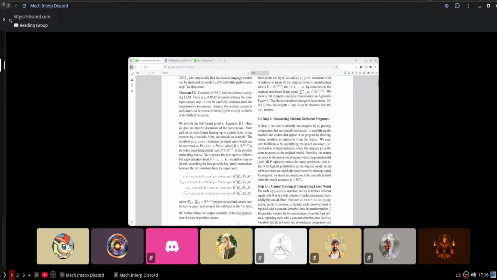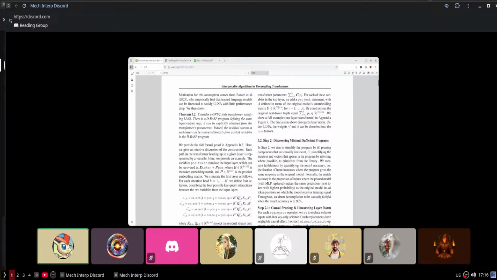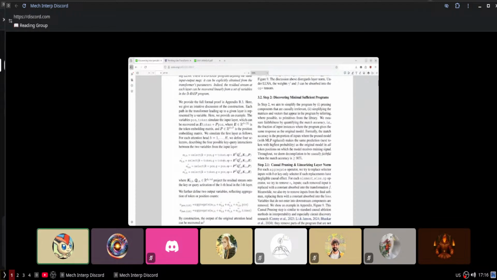this is nice so far, but that doesn't actually help with interpretability or anything, because that's basically the same model but in a slightly different notation, right? So the thing they want to do is pruning, to try to simplify this RASP thing into something simpler.